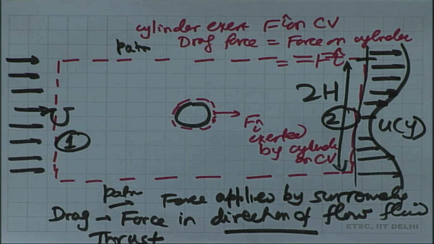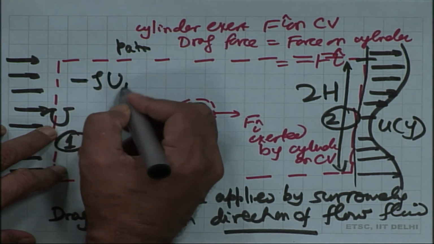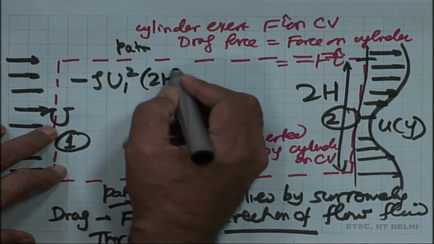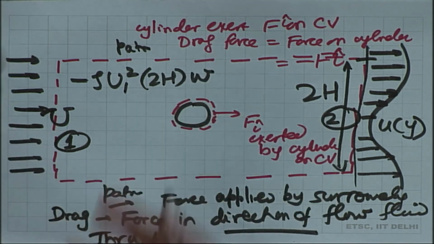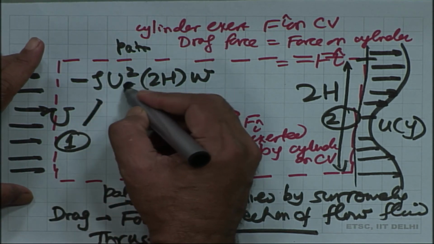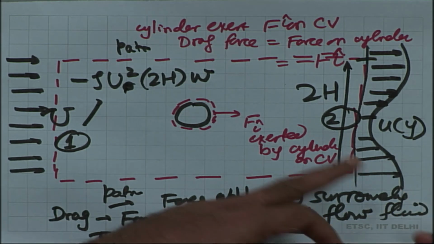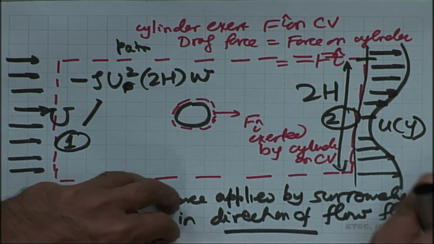The efflux term here will be nothing but minus rho U square times 2h times w, where w is the dimension perpendicular to the paper. This is the term which I will get in the momentum equation for this surface 1.